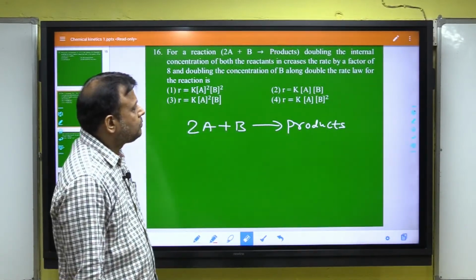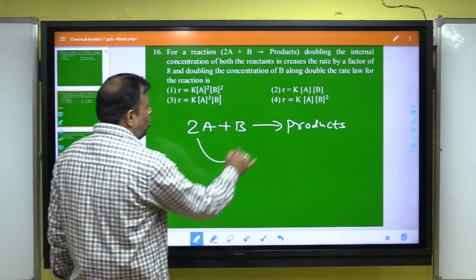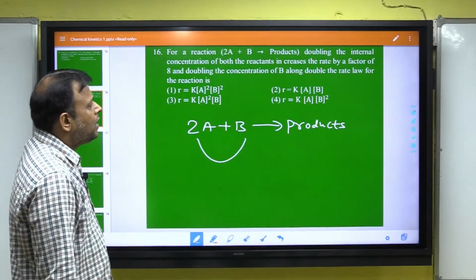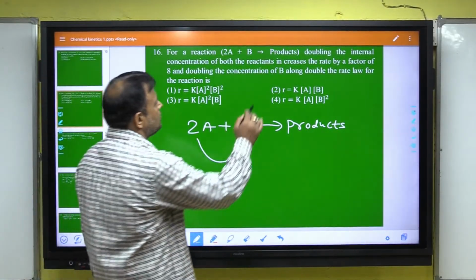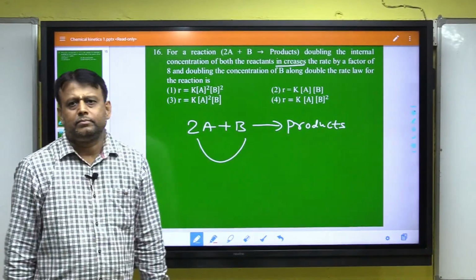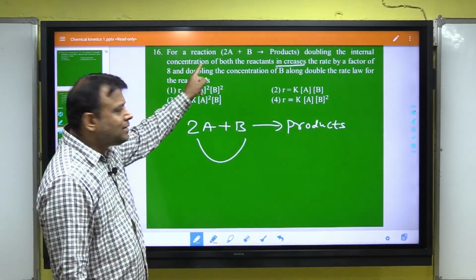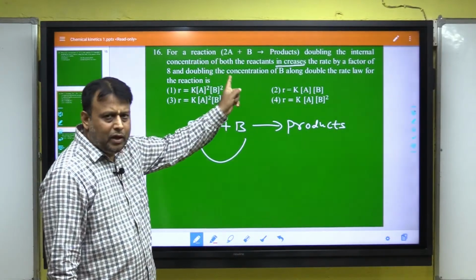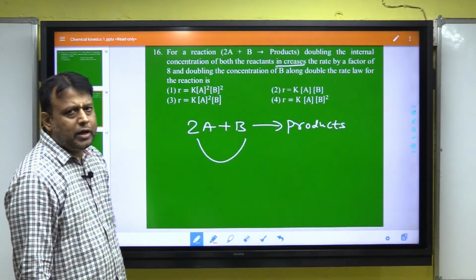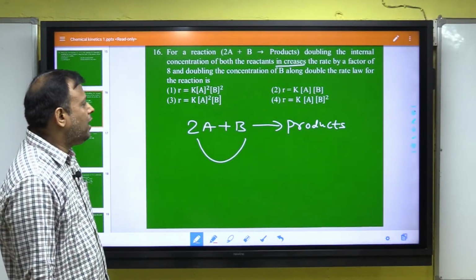Doubling the initial concentration of both reactants. Listen, both were doubled. In this case the rate increases by a factor of 8. Clear? I am repeating. For a reaction 2A plus B converts into product, doubling the initial concentration of both reactants increases the rate by a factor of 8.